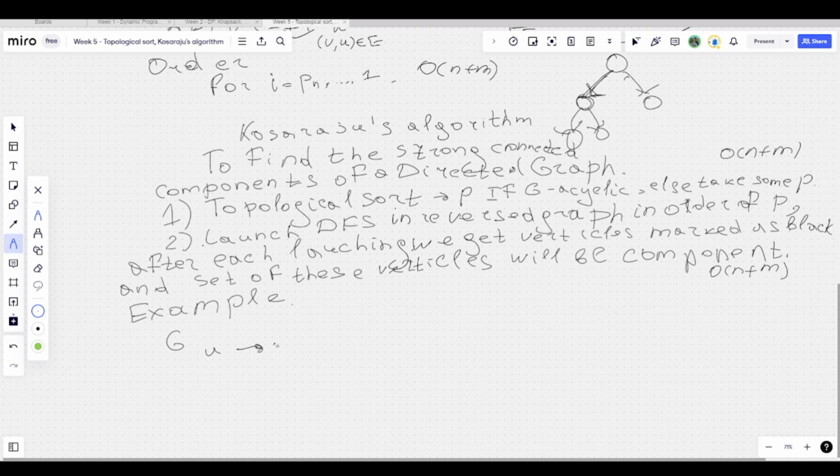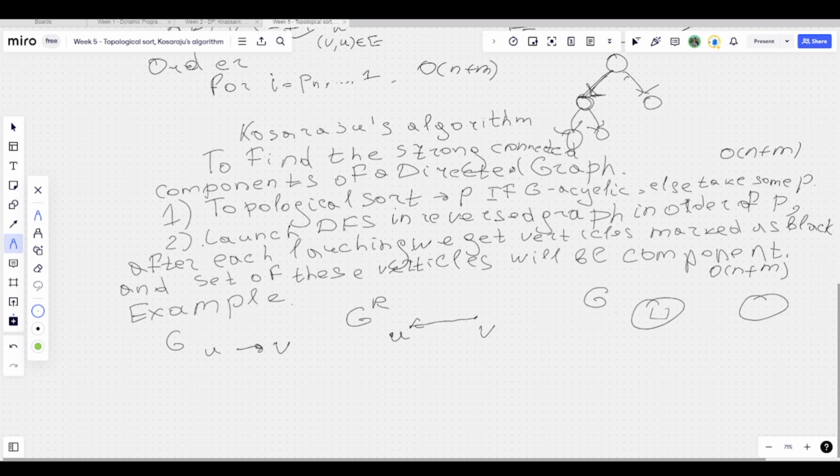If you have some edge, in the reversed graph we have reversed edges. So it's clear to see that we have some components.